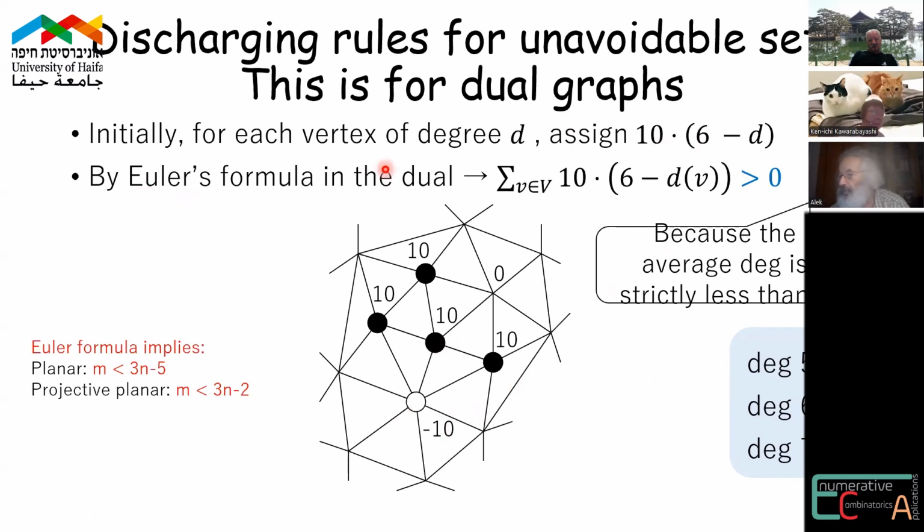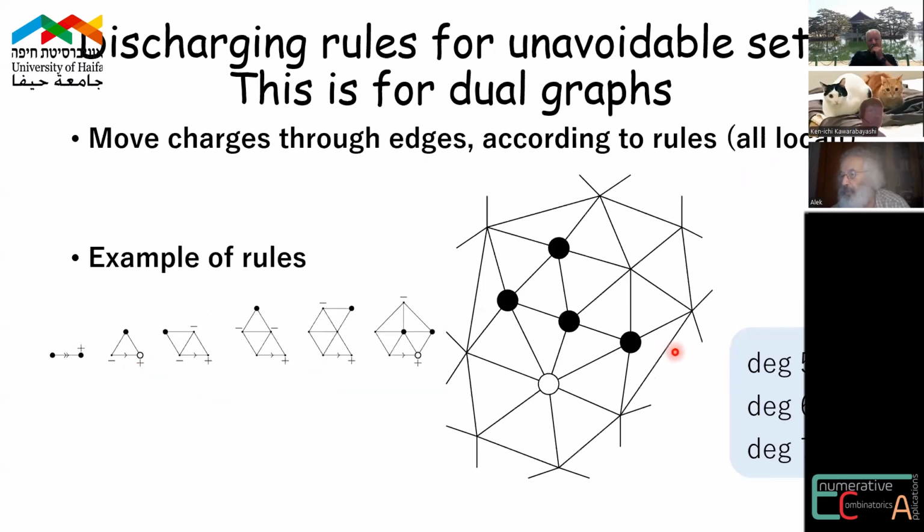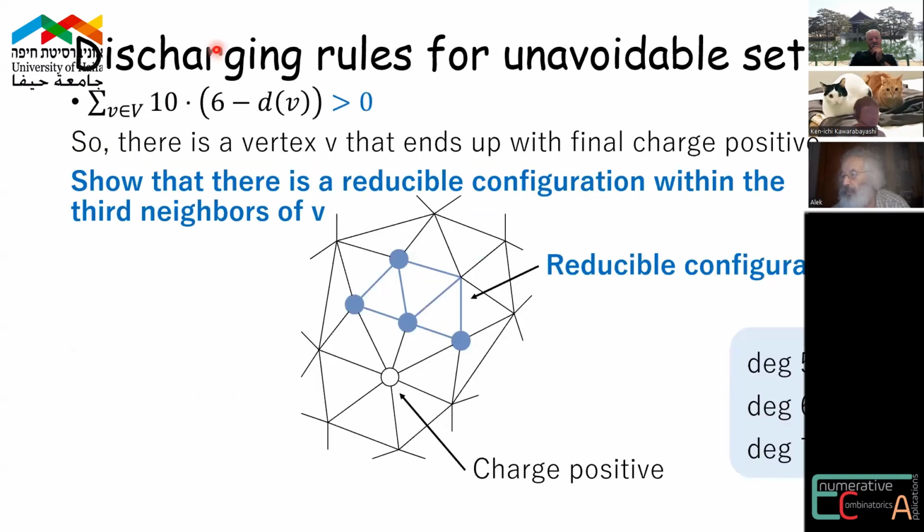And by Euler's formula in the dual, since we are considering the dual graph here, that's why it's a triangulation, if you sum up everything, we know that the sum will be positive. Not only the planar case, but also the projective planar case. This means there is some vertex which is positive somewhere here. For the positive vertex, we want to find that there is actually a reducible configuration nearby.